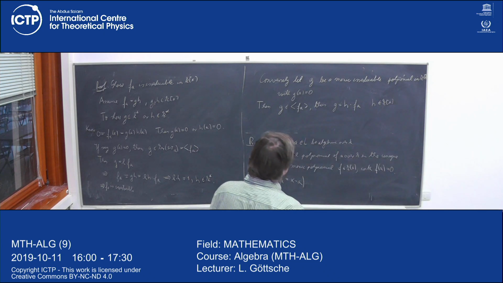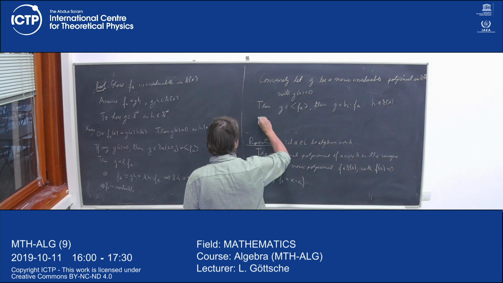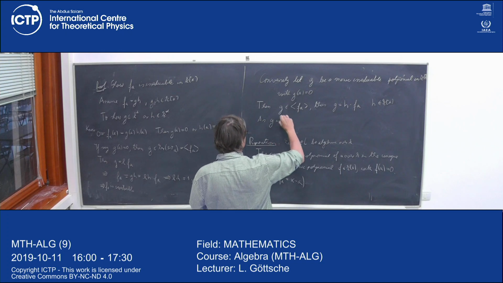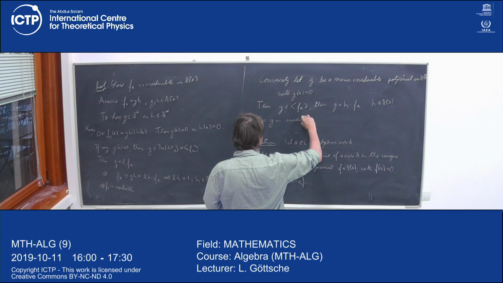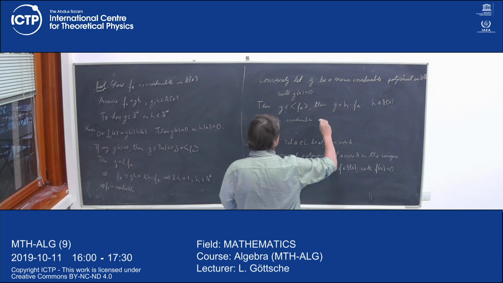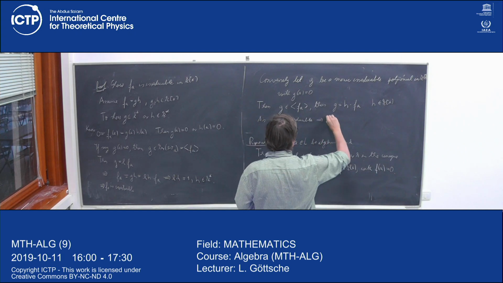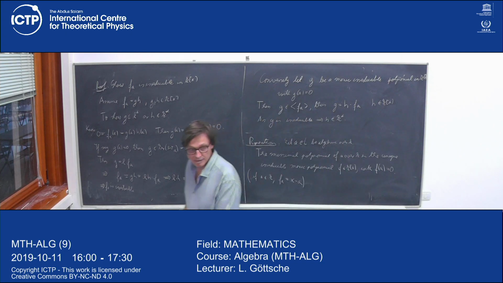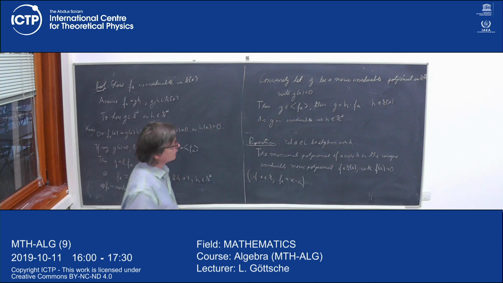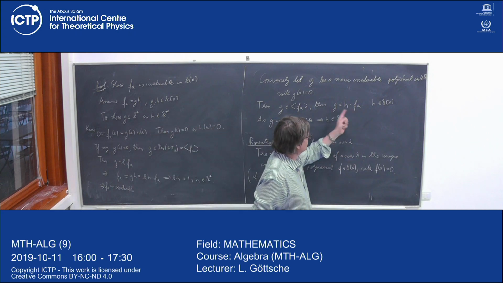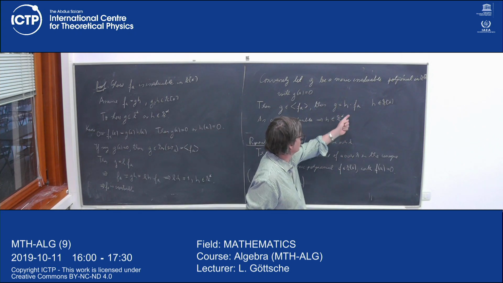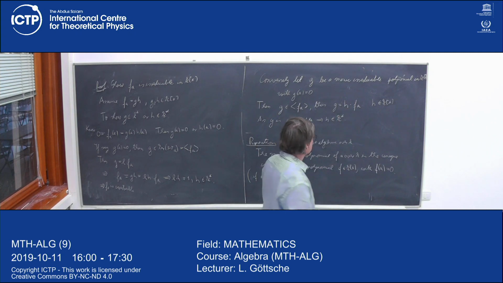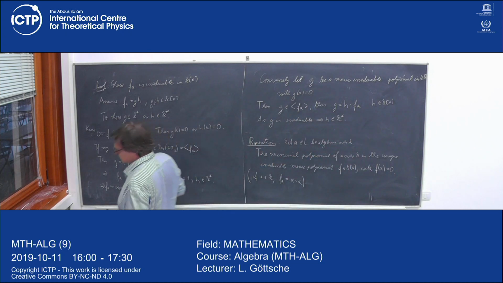So as G was irreducible, it follows that H is an element in K star. And as both G and FA are monic, the leading coefficient is multiplied by this H, so the leading coefficient must be 1.